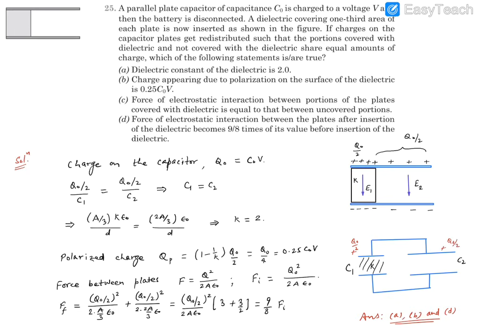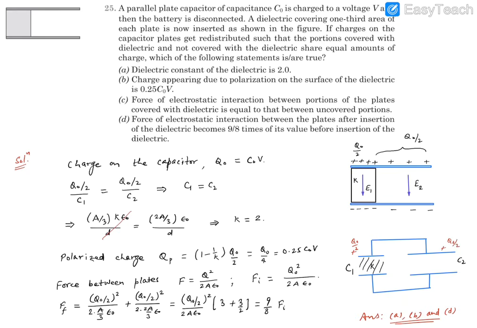Now C1, the capacitance for this, is going to be as per the formula A epsilon naught K by D. Now A is going to be 1/3 of the plate area, K is the dielectric constant, D is the gap. C2 is going to have the plate area 2A by 3, assuming A was the total, epsilon naught by D, and there is no K because it's filled with air or vacuum.